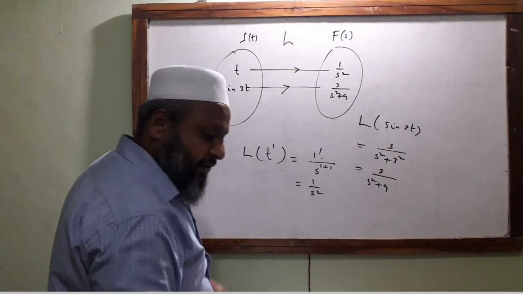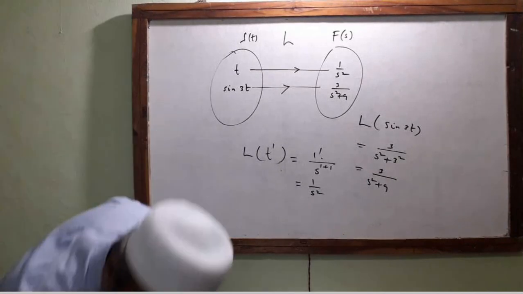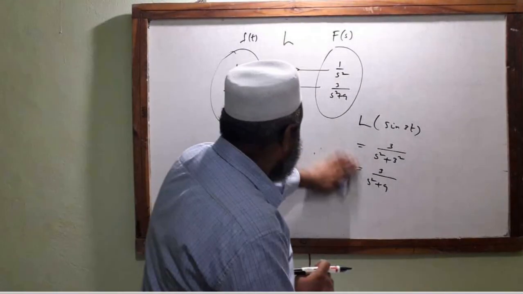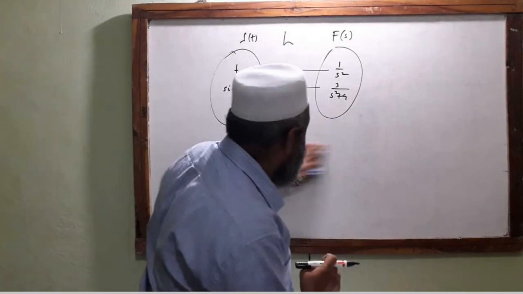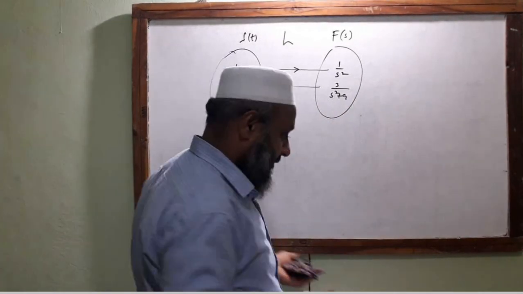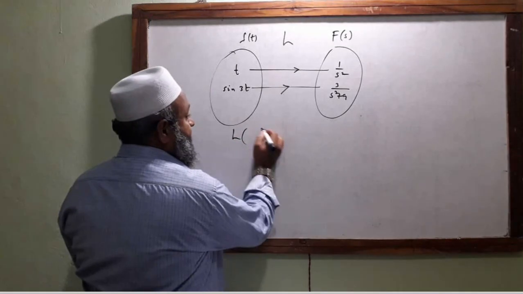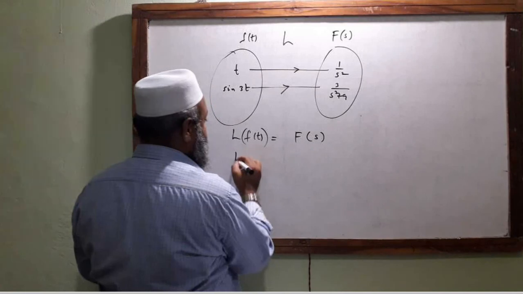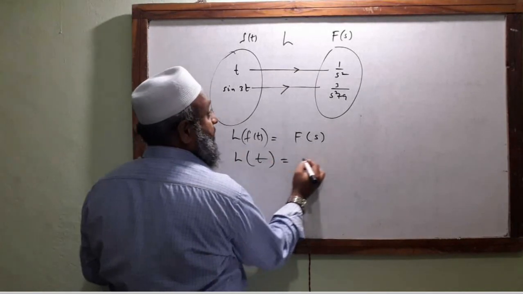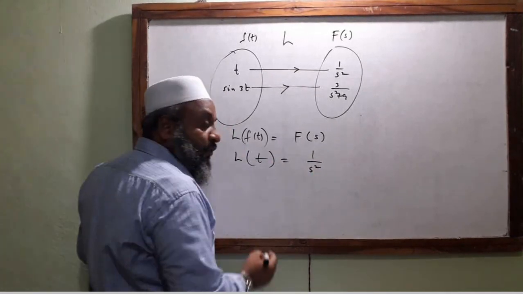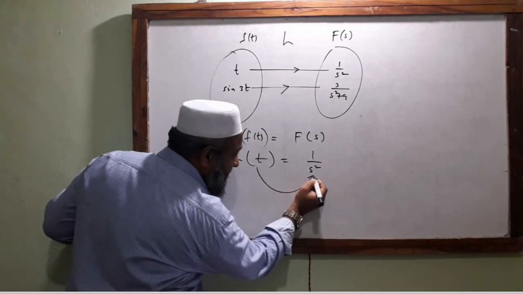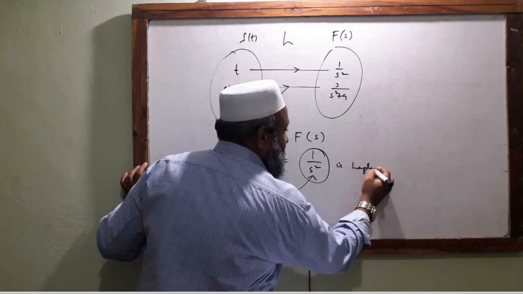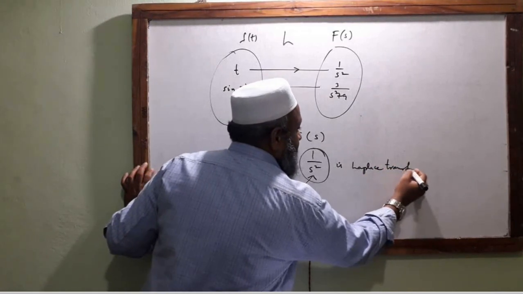Now we are going to talk about a very simple point here, that is, when L of f of t is equal to f of s. For example, L of t is 1 by s square. We are going to say that 1 by s square is the Laplace transform.